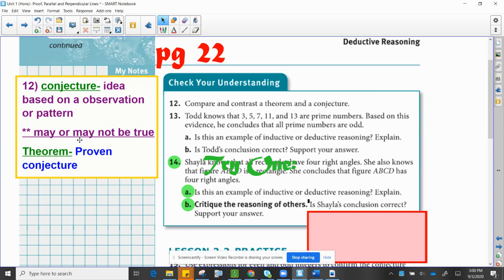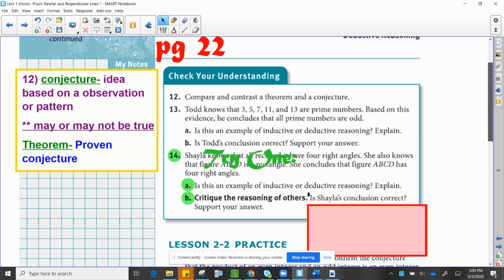We saw a time when we thought it'd be 32 sections, and we only ended up with 31. Okay, so a conjecture may or may not be true. It's just something we see and make an observation about. Versus a theorem, the theorem goes through the process of proving through arguments that it's actually true without a doubt. Okay, so let's look at question 13.